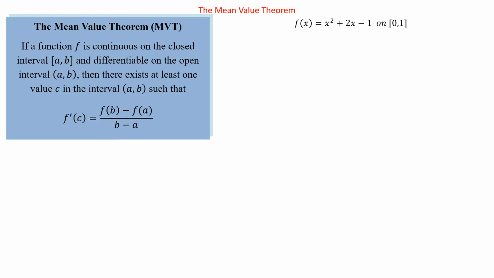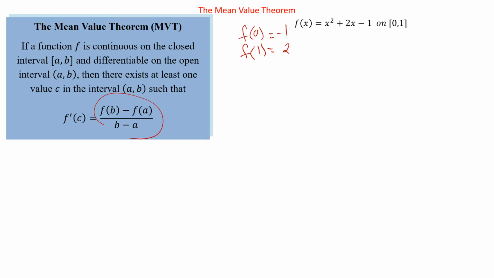So we need to figure out what that secant slope is. So we have 0 and 1. We need to find f of 0, and we'll need to find f of 1. f of 0, we plug in 0, well, that's -1. Plug in 1, we get 1 squared is 1, plus 2 is 3, minus 1 is 2. So now we need the slope in between there.